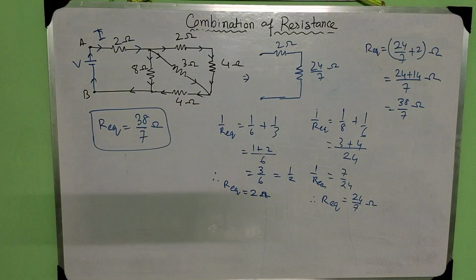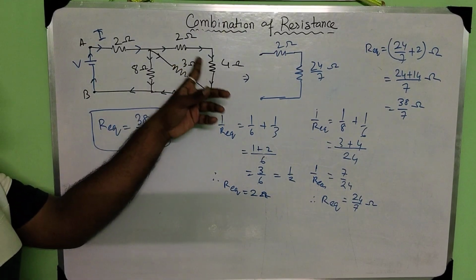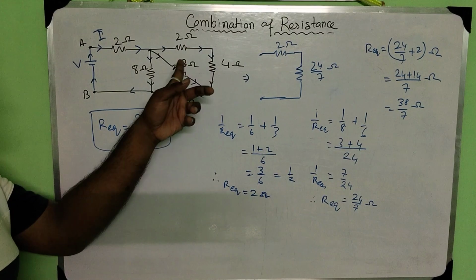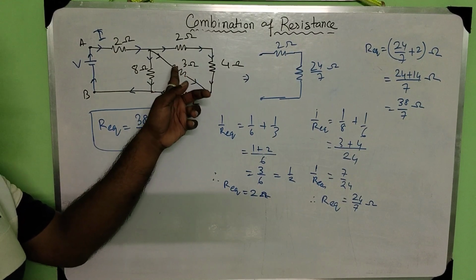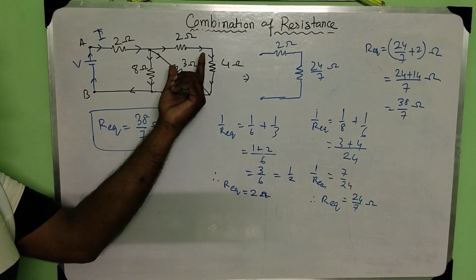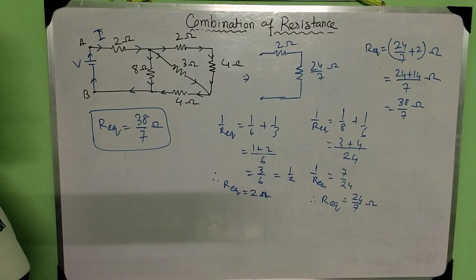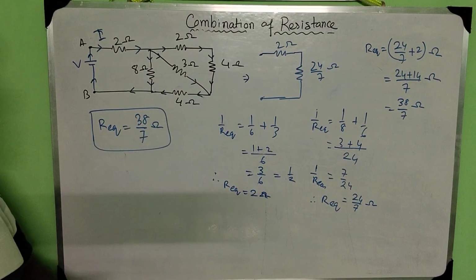Okay. So this way, they are in series combination. That means the 6 and 3 will be in parallel combination. Then, if 6 and 3 are in parallel combination, it will come as 2.